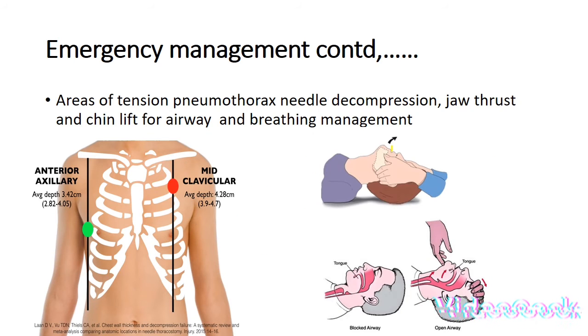Here, these are good images that show the chin lift, the jaw thrust, and the chin lift. And on this down left image, you can see that the patient was having an obstructed airway, and by doing the chin lift, the airway is open.